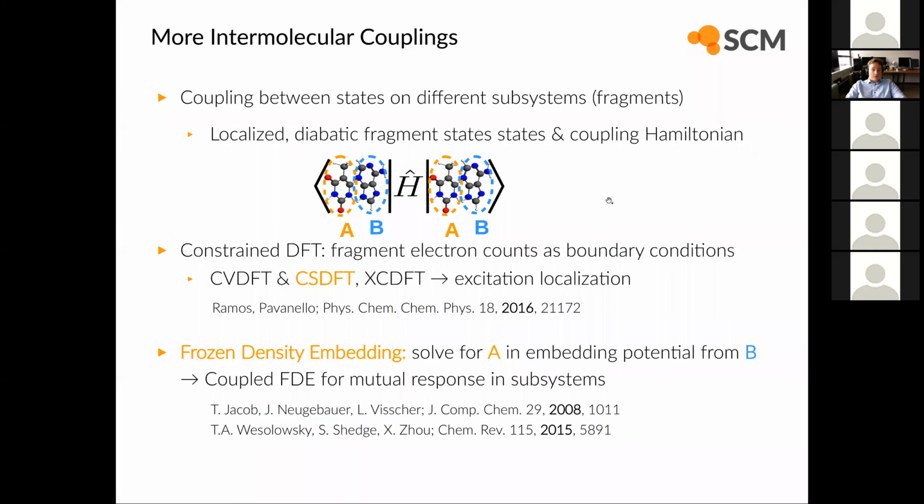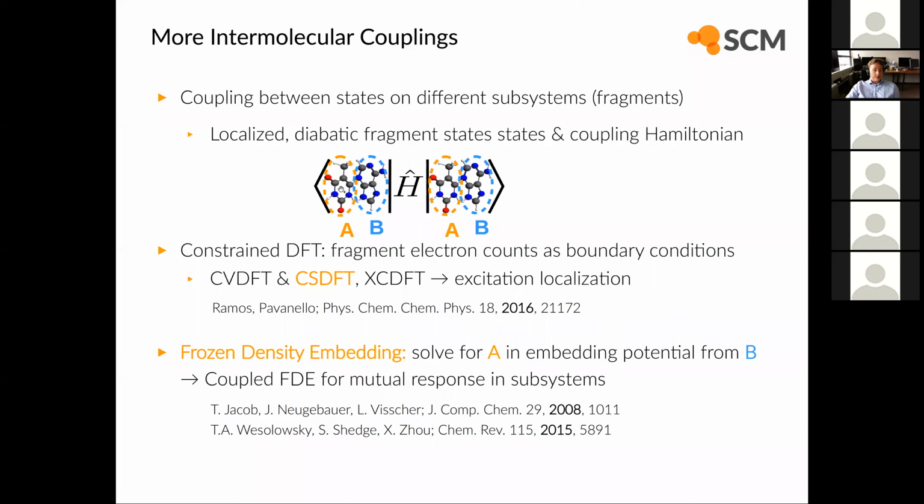One can then form a coupling Hamiltonian between excited states located on two different molecules, diagonalize that, and get some energy differences as well as mobilities of charges and things like that.